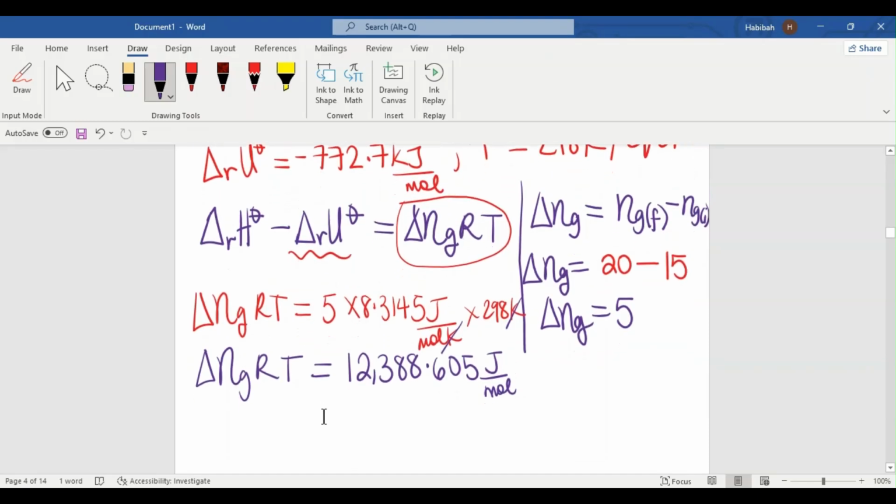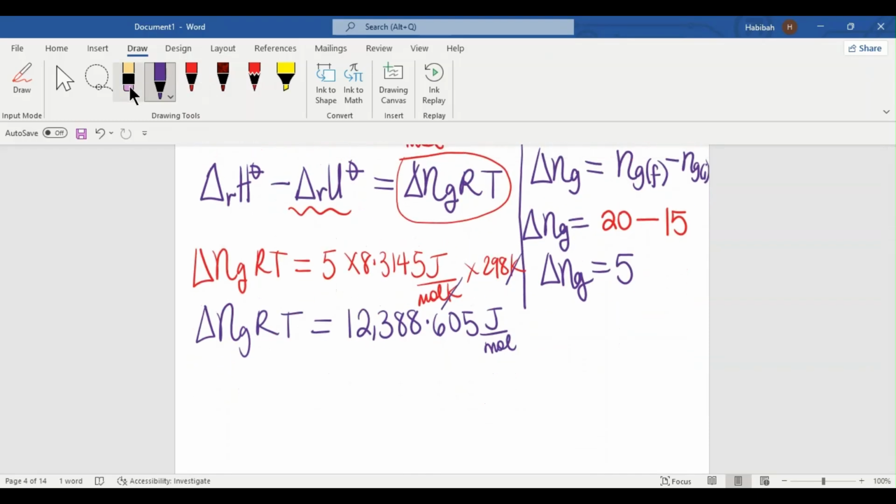So now we have enough information to input what we have to determine the change in enthalpy for this reaction. We can rewrite the equation: change in enthalpy for this reaction equals change in the number of gas molecules times RT plus change in the internal energy of the reaction.